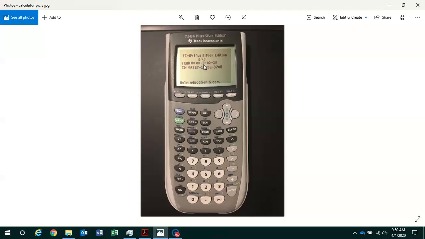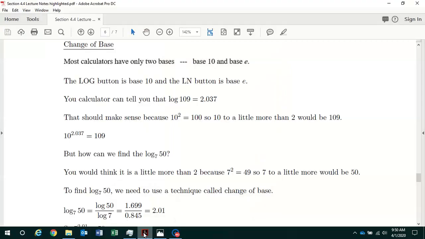But if it begins with 2.4, your software is not new enough to calculate a logarithm in any base. So if you're an old fuddy-duddy like me, what do you do? Well, we have what is called the change of base formula.